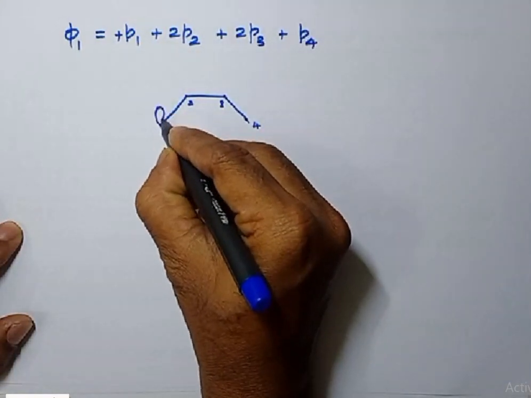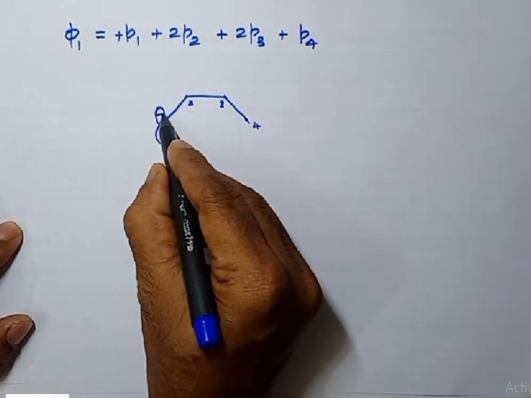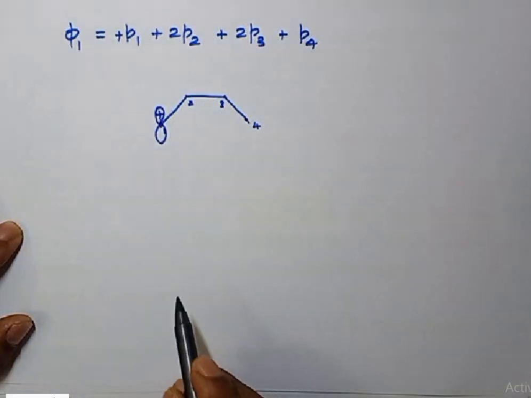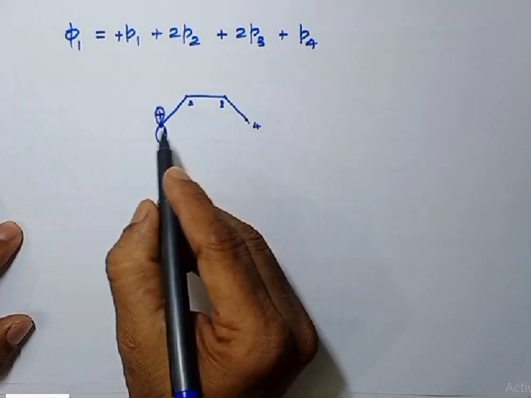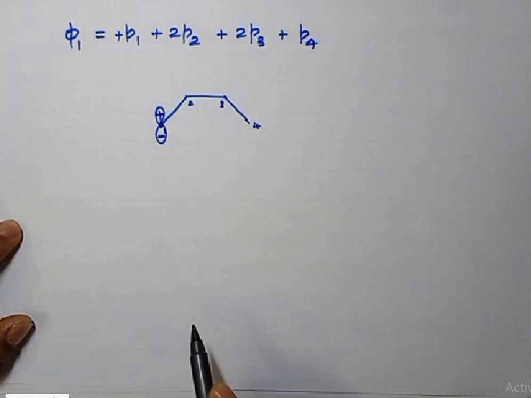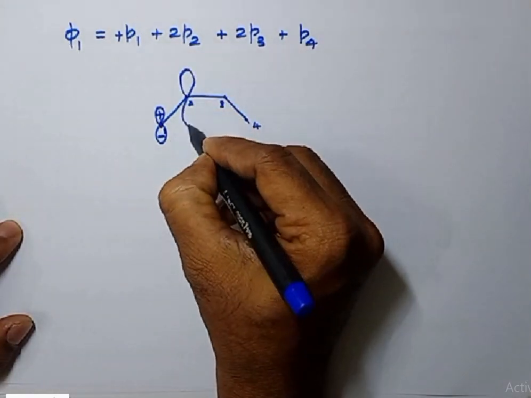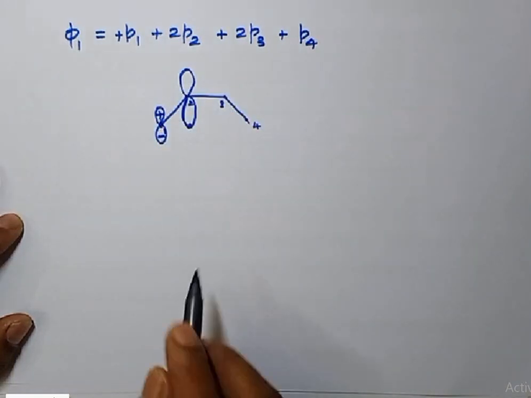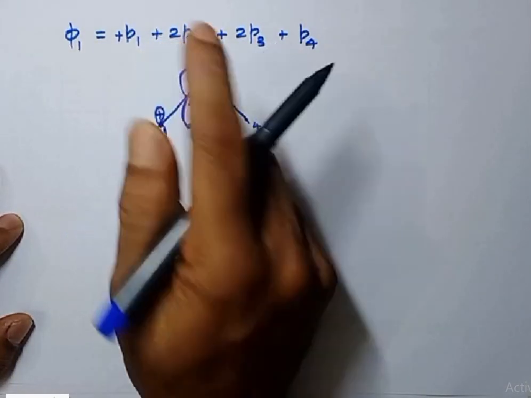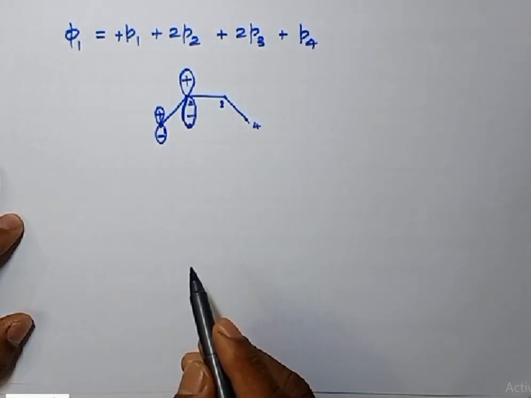So this is p1, and since a positive sign is there, I'll put the sign of the wave function plus for the upper lobe and minus for the lower lobe. Then the second atom has a p orbital, which I'll draw in larger size because it contributes to a larger extent. Again plus sign, so positive lobe above, negative lobe below.